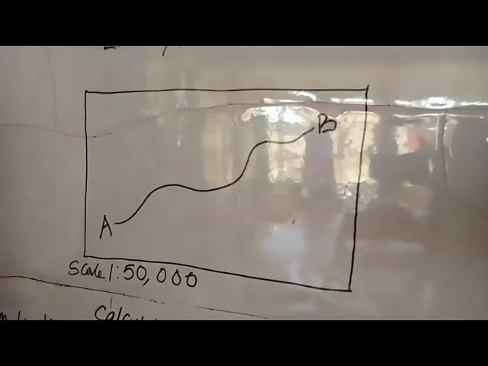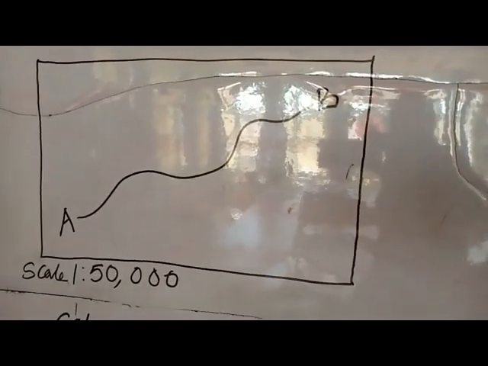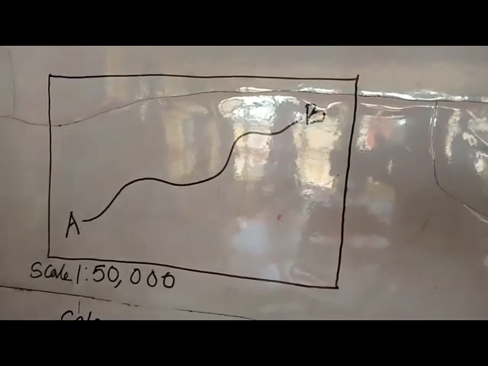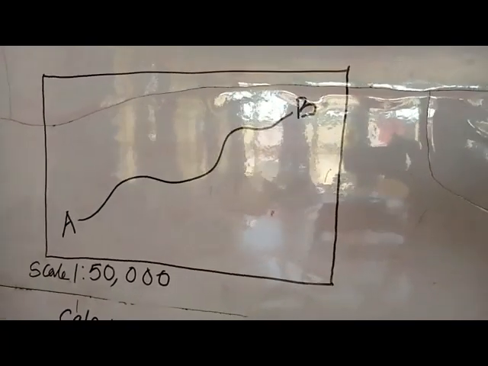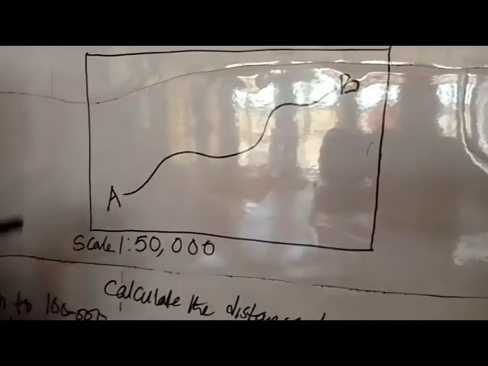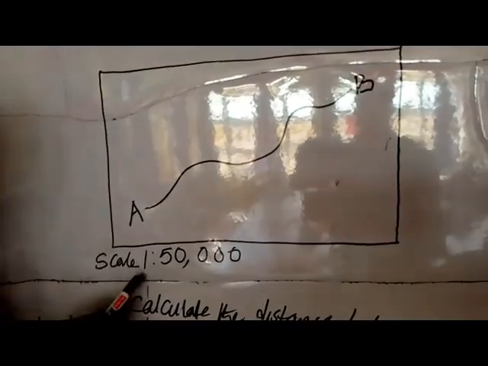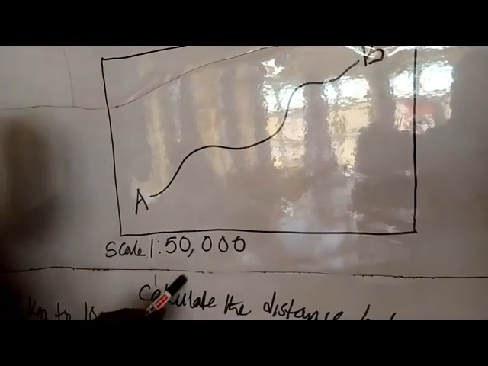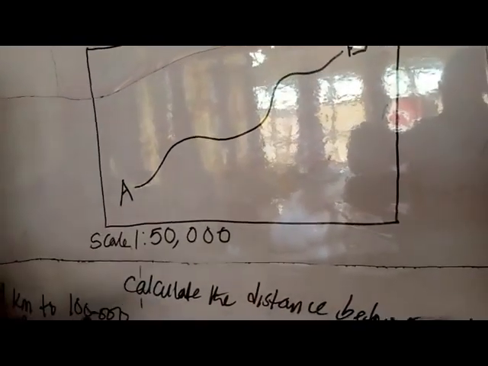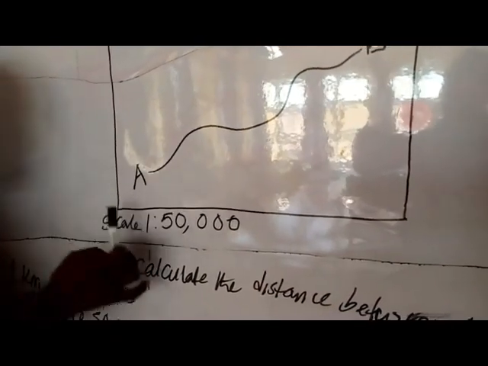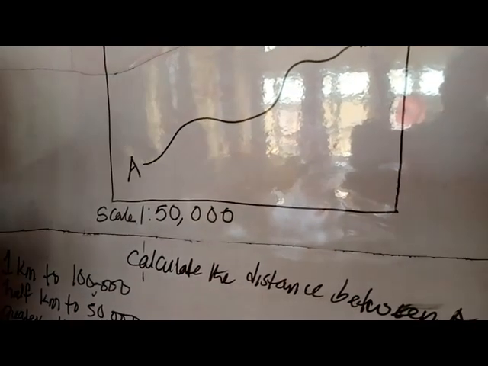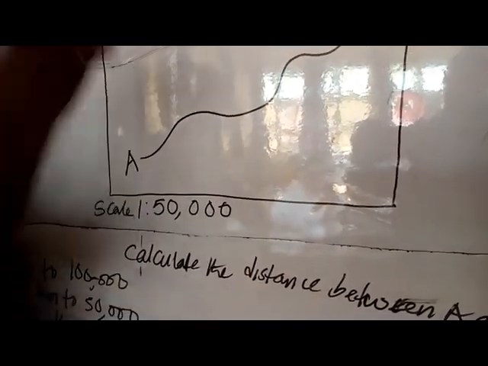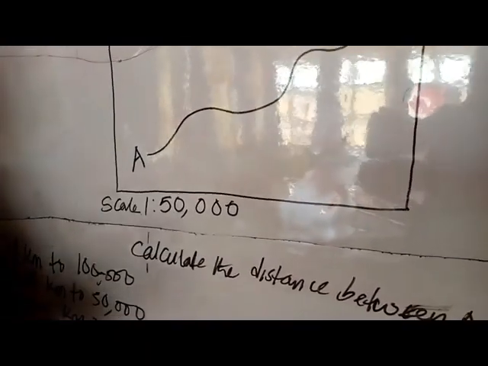So the only suitable unit that can be used on the paper is centimeter. We said scale shows the relationship: 1 centimeter is to half kilometer on the ground. It means that every 1 centimeter interval on your map is equivalent to half kilometer on the ground.